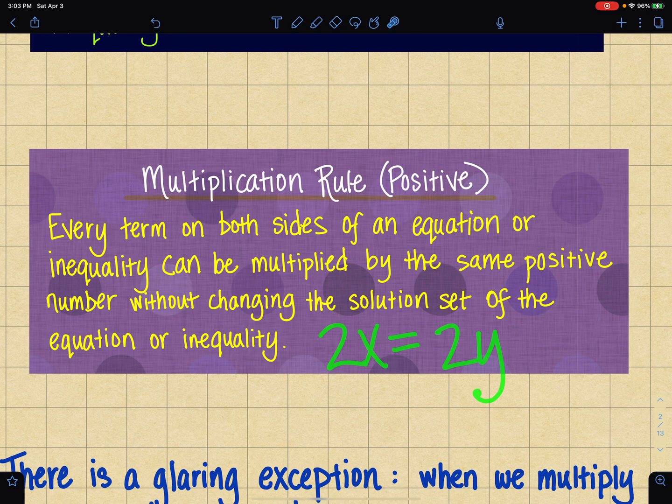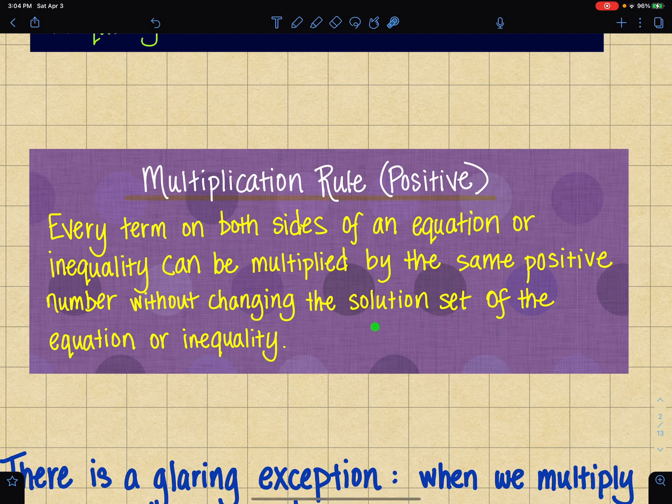You just multiplied every term by the same positive number. It has to be every term, not just either side. So if it's x equals y plus 1, you would have to do 2x equals 2y plus 2. You're multiplying every term on both sides of an equation by the same positive number, and you don't change the solution set.